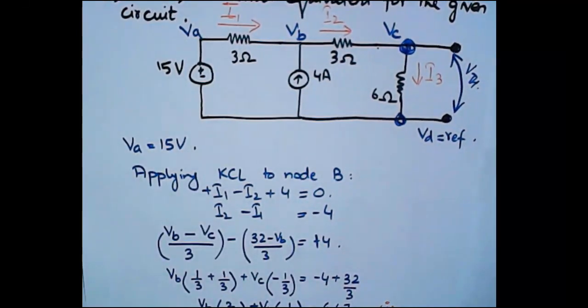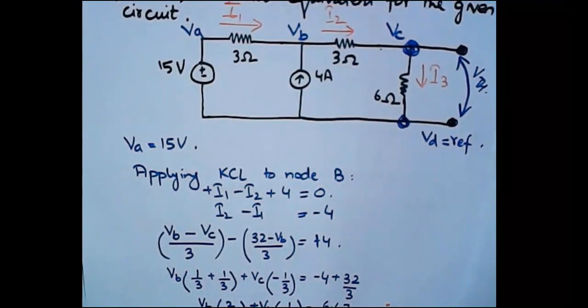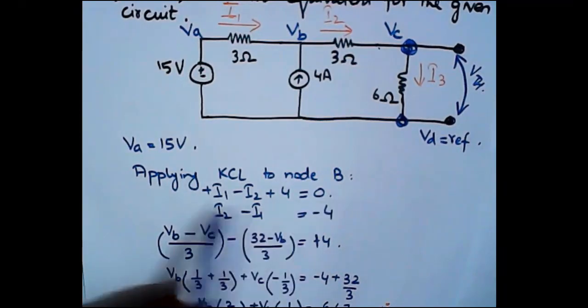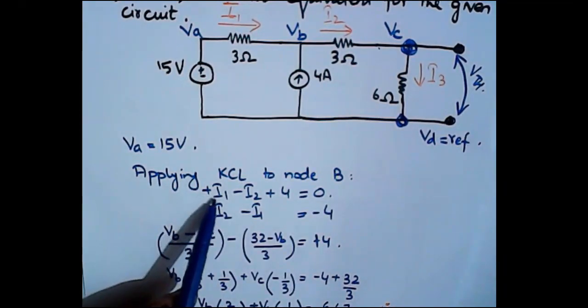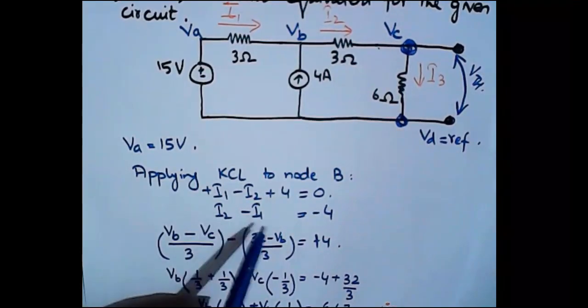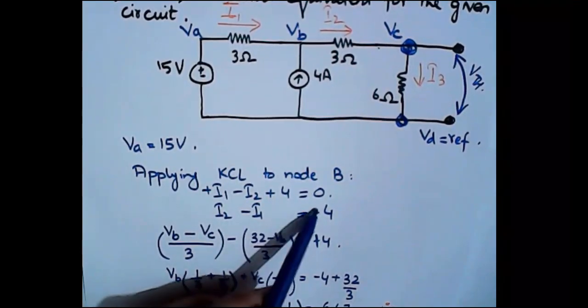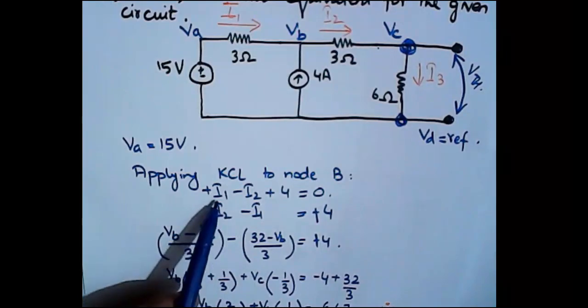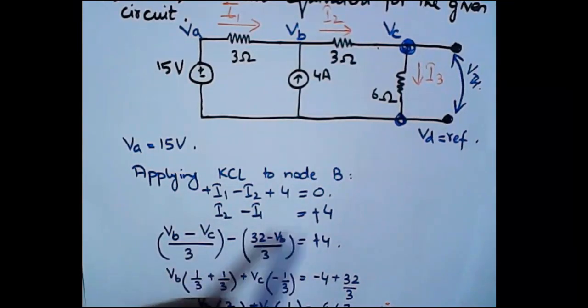This will be plus 4 because it will be I2 minus I1. Yes, since I2 will go here, I1 will also go here. So it will be I2 minus I1 is equal to plus 4, right? I1 minus I2 is equal to minus 4, I2 minus I1 is equal to plus 4.